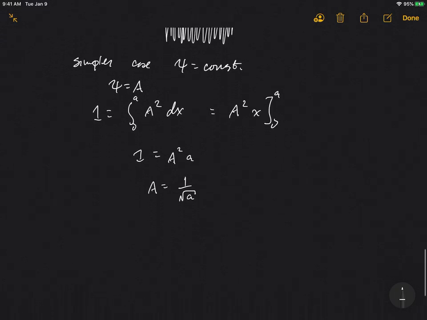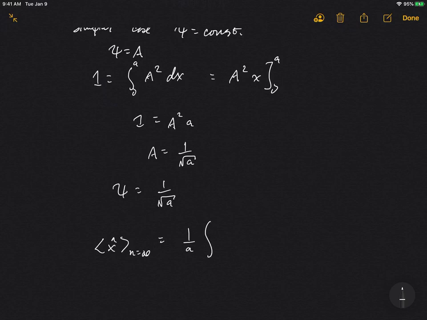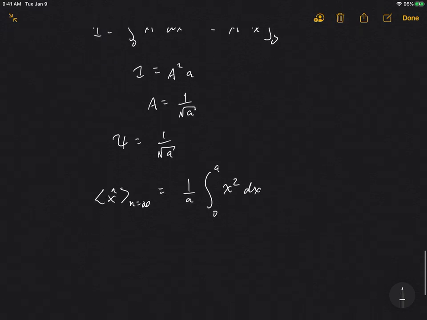So our wave function is 1 over square root of little a. Now that one's easier to integrate. Right, we're just going to get 1 over little a, and then just x squared from 0 to a dx.